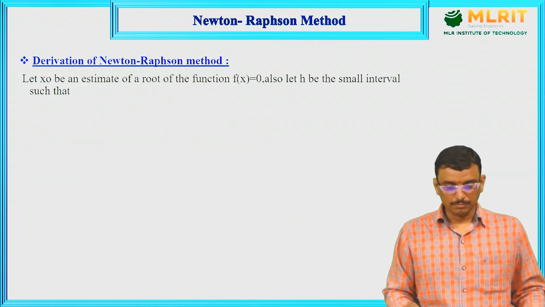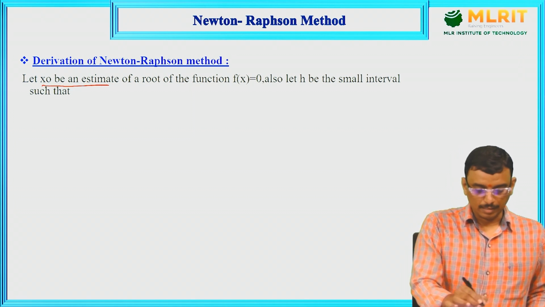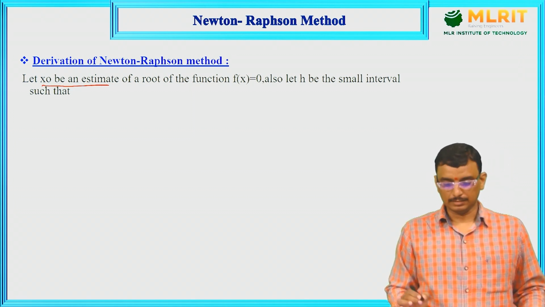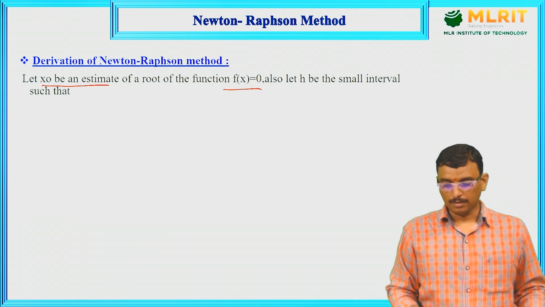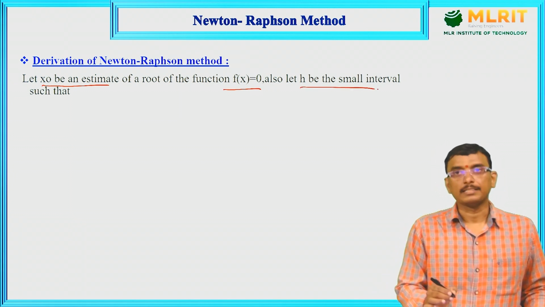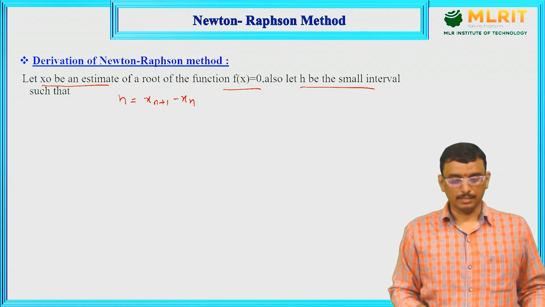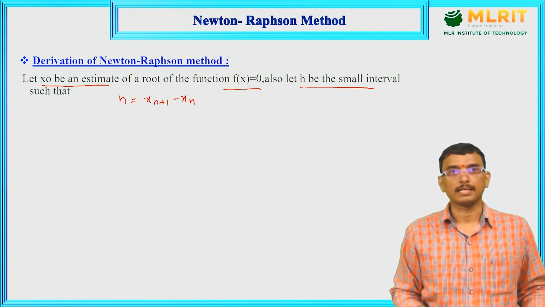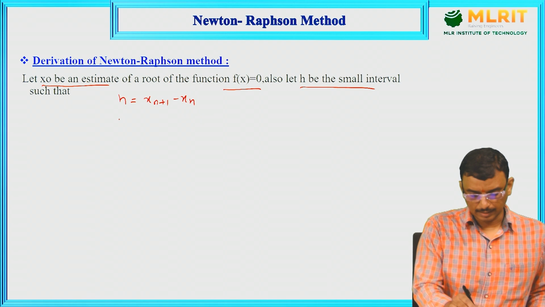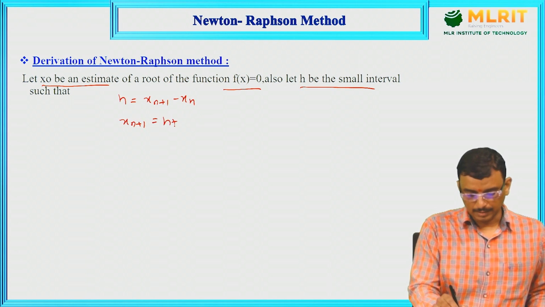So, the derivation of the Newton-Raphson method. Let x0 be the estimated root of the equation f(x) is equal to 0, and also let h be a small interval, such that we write h is equal to x(n plus 1) minus xn. So this is the interval difference. h is equal to x(n plus 1) minus xn, or we can take x(n plus 1) is equal to h plus xn.